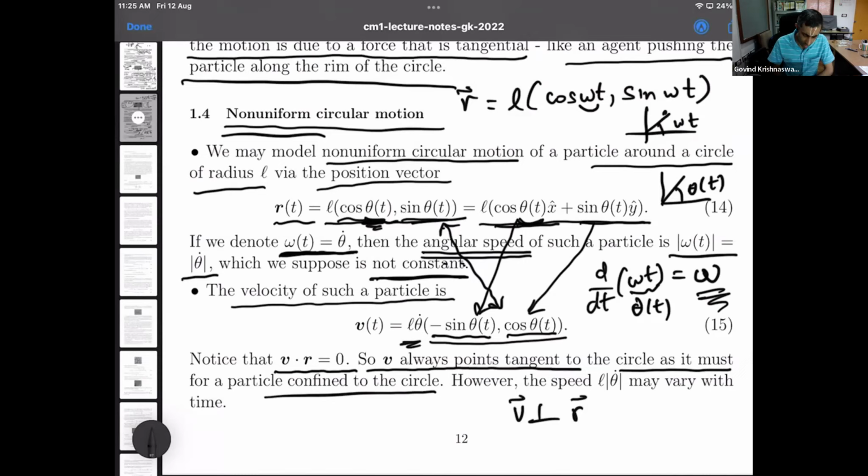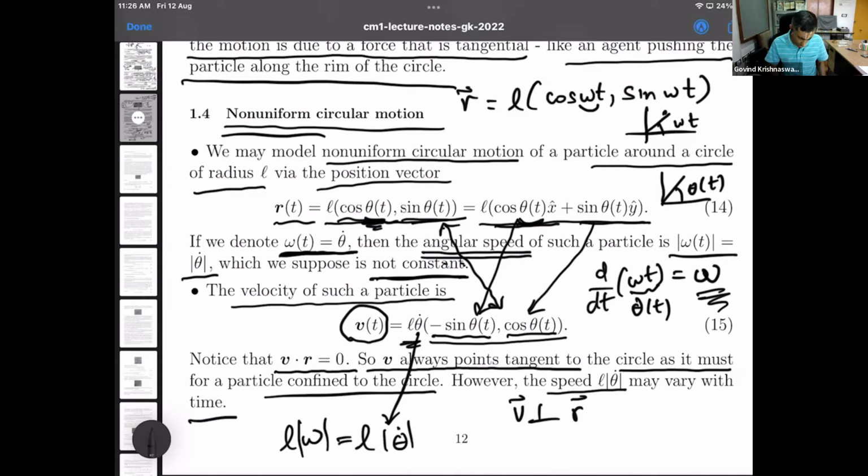However, in this case, the speed, which we can compute, is given by the magnitude of this V vector, and that is simply given by L times the magnitude of theta dot, which we are also calling L times omega, or the magnitude of omega. So the speed may vary with time. When I say speed here, I mean the linear speed.